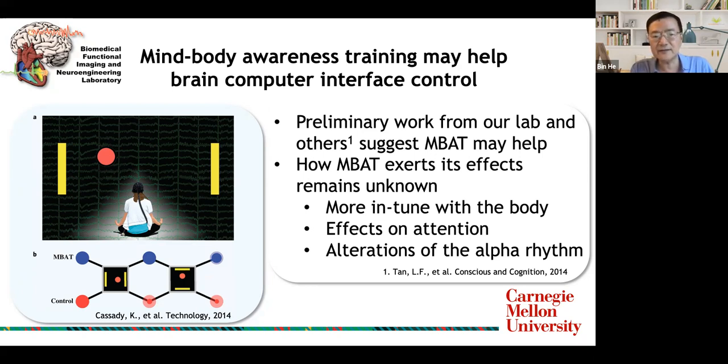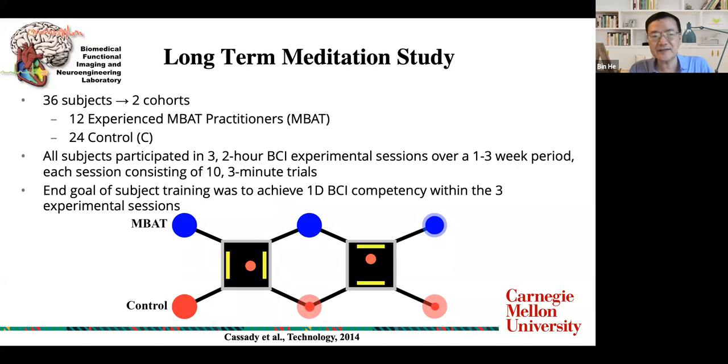So we looked into the effect of long-term meditation or yoga on the BCI. This slide illustrates the study design. We looked into 36 human subjects, with 12 subjects having 1 year or longer of meditation experience, and 24 subjects effectively having very little experience so far. We recruited them to undergo 3 sessions of BCI control.